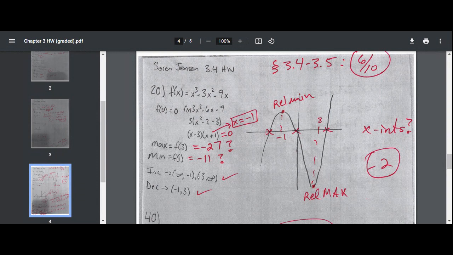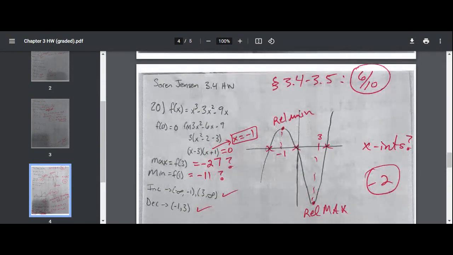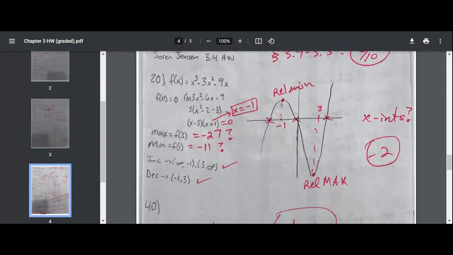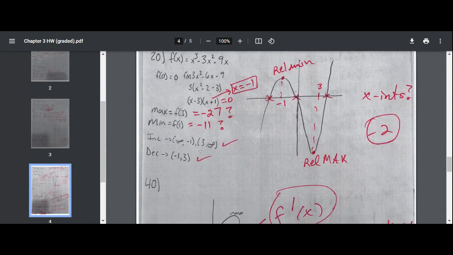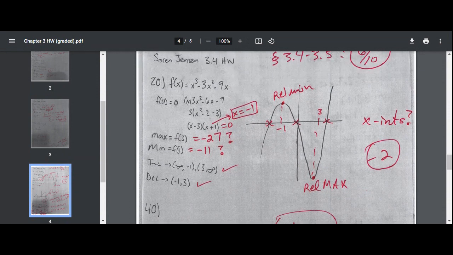At negative 1, we went from increasing to decreasing, so it's going to be a relative max. You had that right on the intervals, and you split it up. All you have to do is check intervals split up by your critical numbers, which you got right here. I understand that's just a minor mistake.